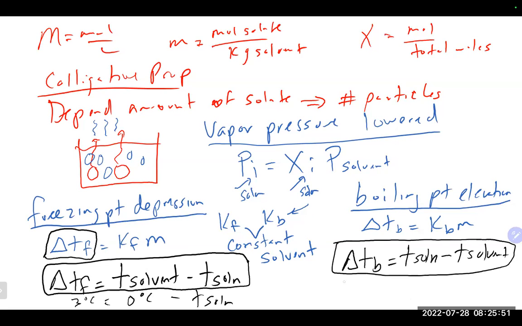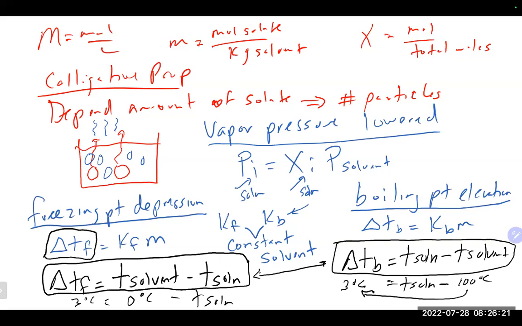So if we did a made up example of 3 degrees Celsius being our change in boiling point temperature, our solution is what we're looking for, and say it was water, which was 100 degrees Celsius, we would add that 100 to the other side and get 103 degrees Celsius, which would be, again, an increase in the boiling point. So those two things are fairly important, in addition to the formulas, to understand how to manipulate those final answers.